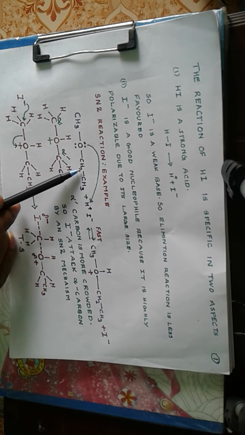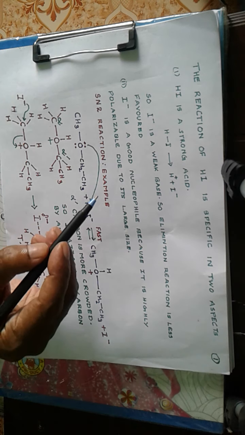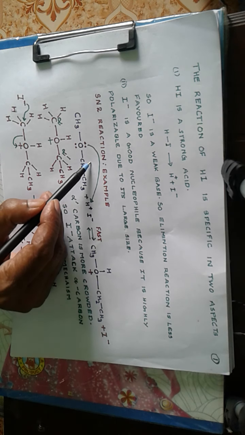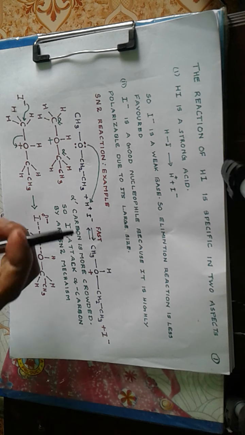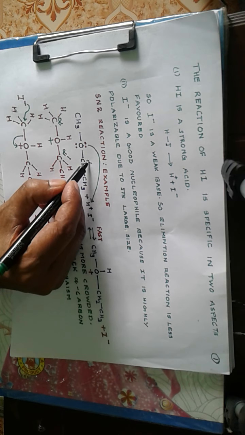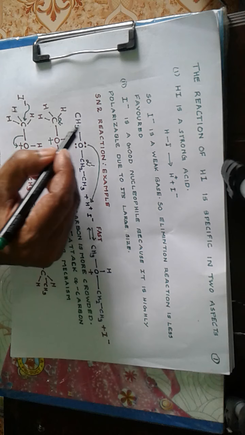It is also called ethyl methyl ether. Here there are two types of alpha carbons, one is alpha dash and the other is alpha.